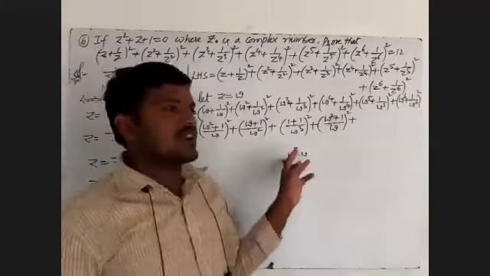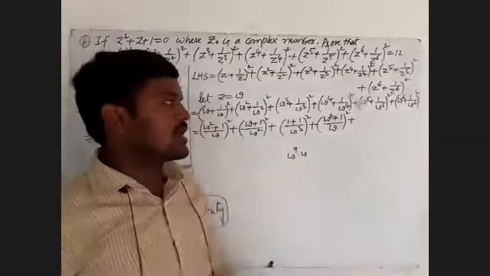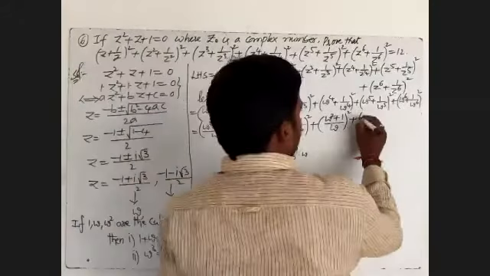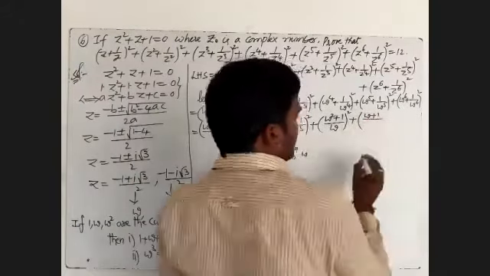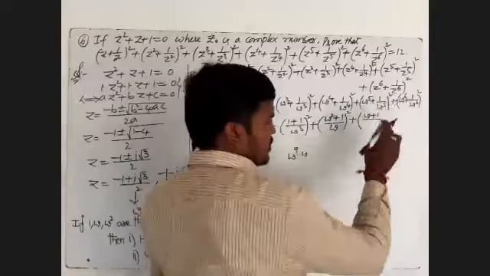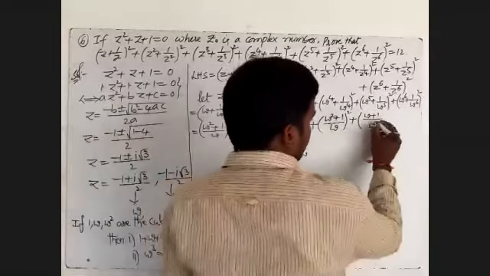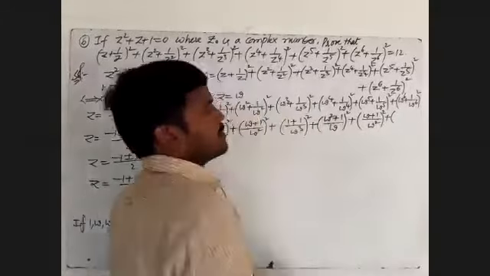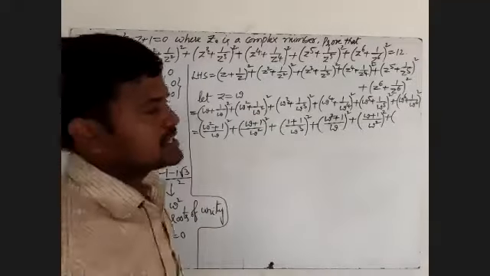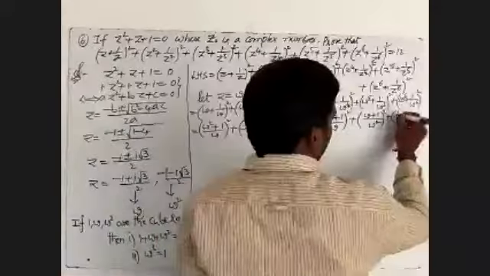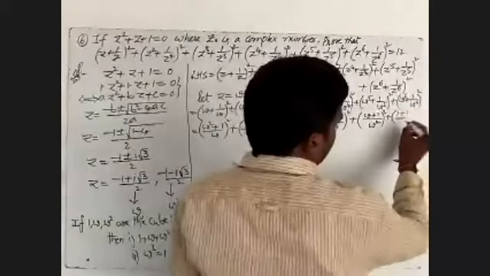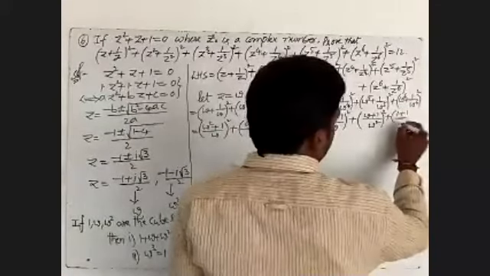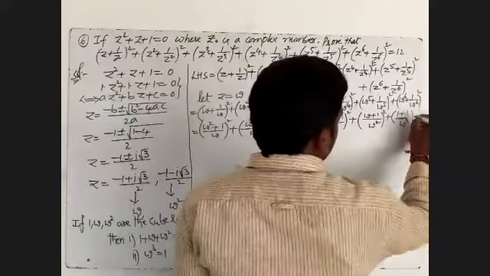The multiple of omega cube is 1, remaining we have to write omega, that I will write omega plus 1 by omega power 5, that is omega square, whole square. Finally omega power 6 into omega power 6 is omega power 12. This is a multiple of omega cube, that I will write 1 plus 1 by omega cube whole square.